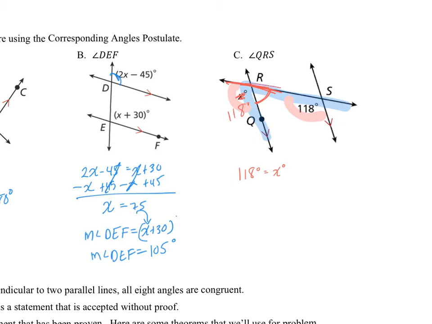Well, since it's a linear pair, we would do 180 minus 118, which is 62. Let's make sure our answer makes sense. It is an acute angle, so 62 degrees makes good sense for that. So the measure of angle QRS is equal to 62 degrees.